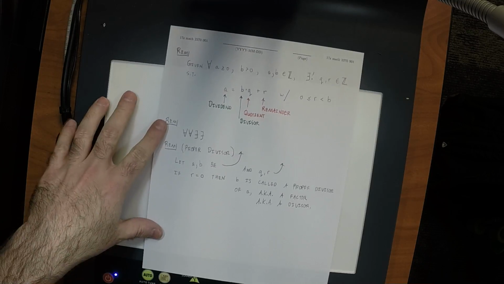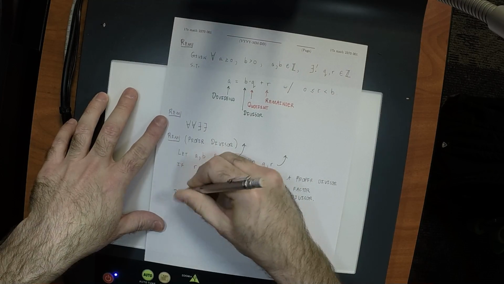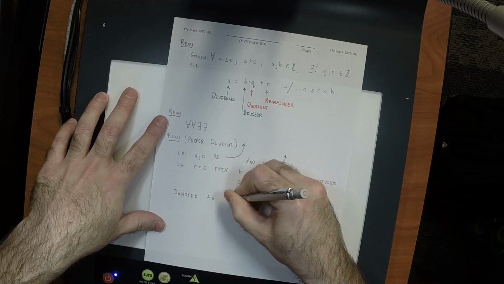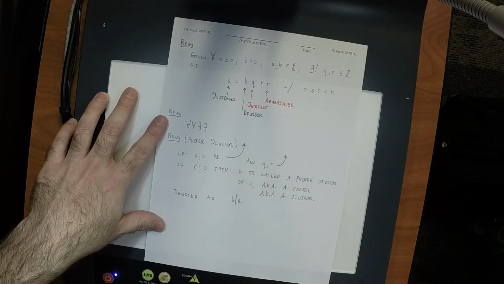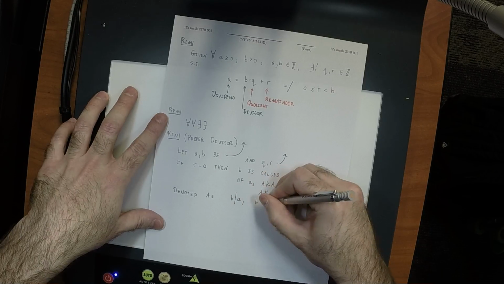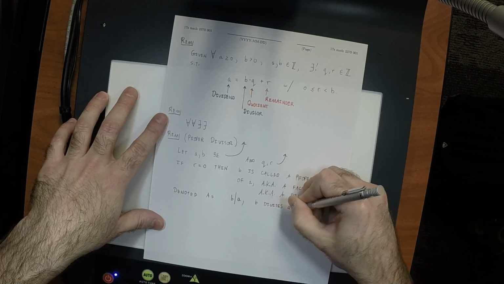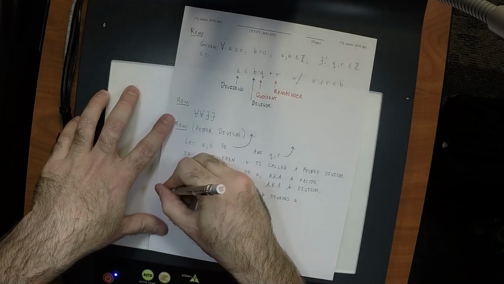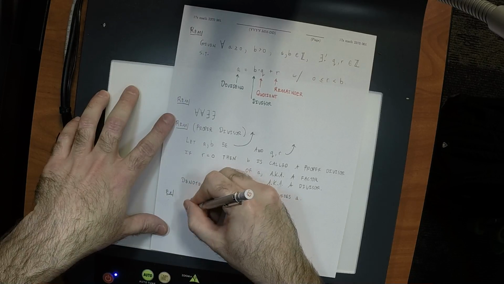Okay. So this is denoted as B tall bar A, and that is pronounced B divides A. So for example, to make the language clear, 4 divides 20.